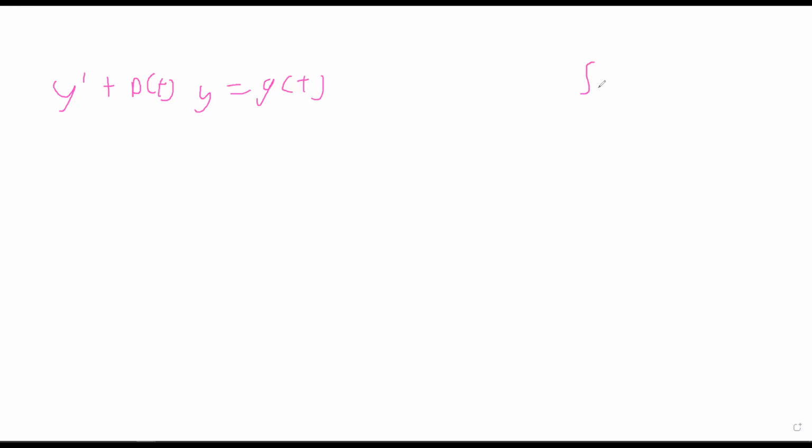The equation is actually y equals the integral of mu(t) g(t) dt plus c, all over mu(t), where mu(t) equals e to the integral of p(t) dt. Some of you may be wondering, where did the negative sign go?